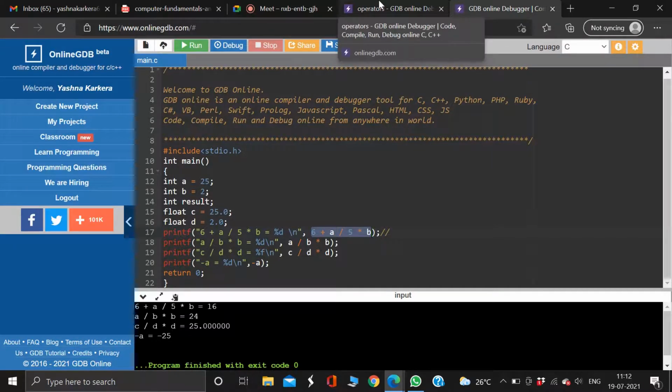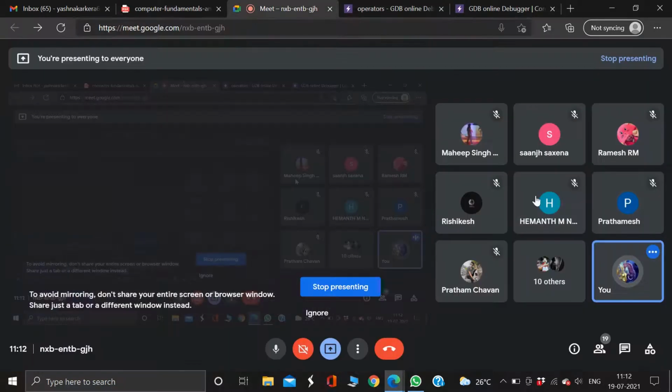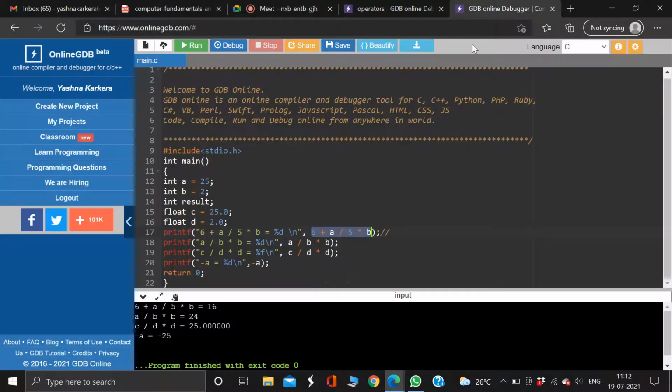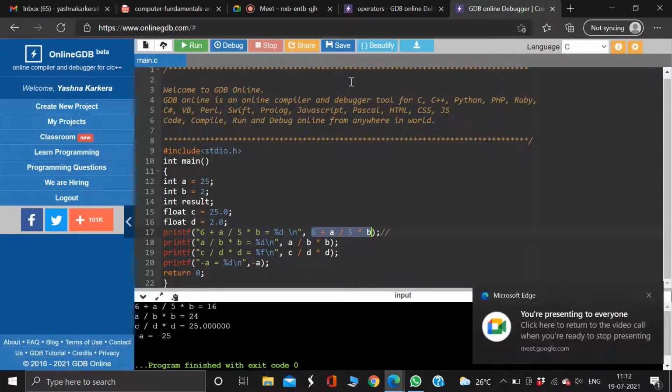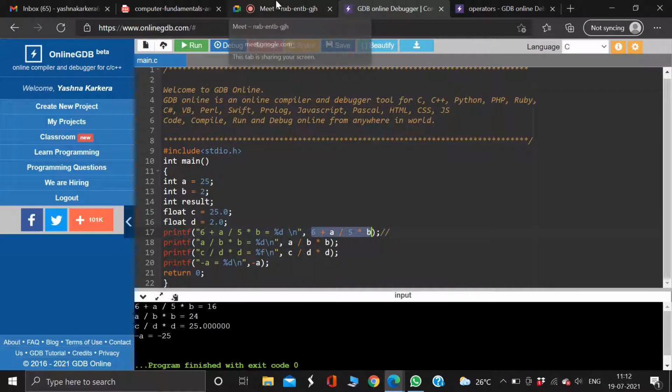I need someone who has already answered to answer this question. Maybe I'll take Komal. Komal, what does this mean, whatever I've highlighted? 6 plus A divided by 5 into B. So first you did the numerator part, then the denominator part, then you divided, right?